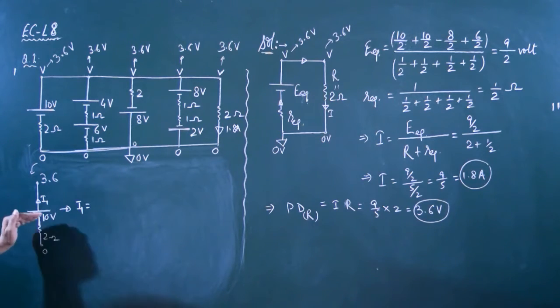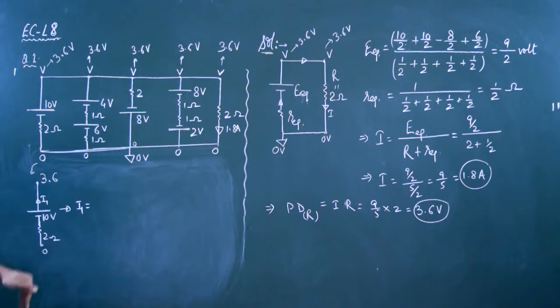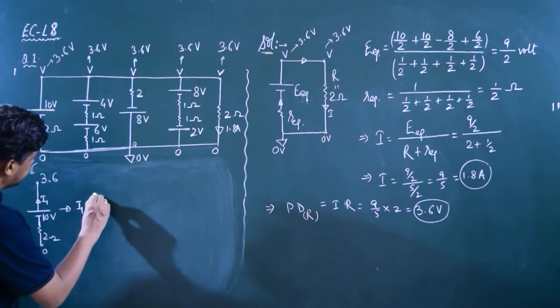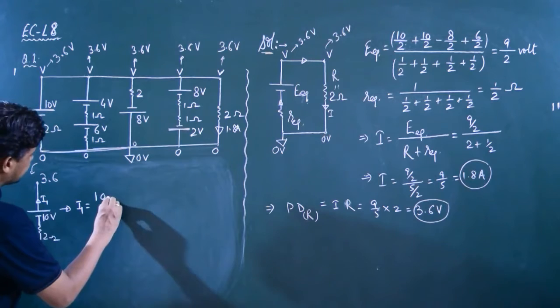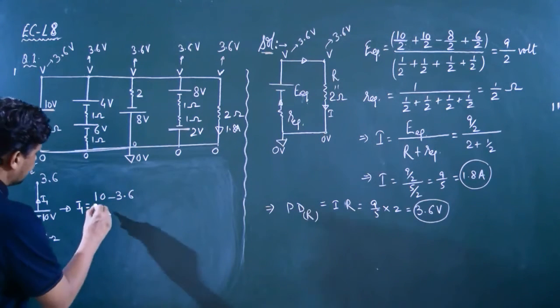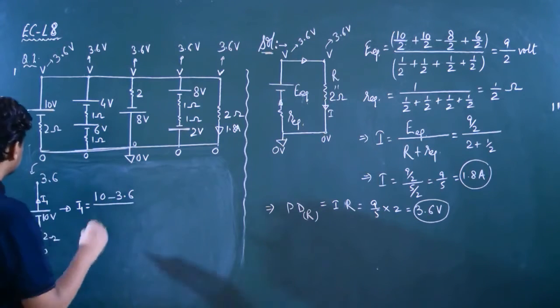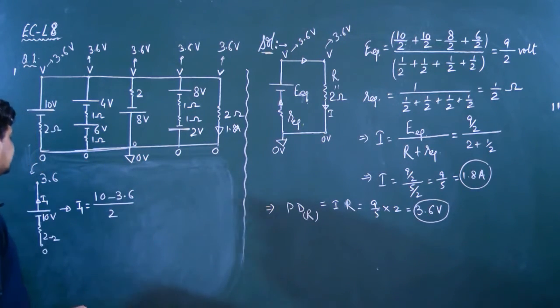But in presence of the 10 volt source, it is throwing current in the upward direction, while the 3.6 volt is throwing current in the downward direction. That's why current here is 10, which has higher value, minus 3.6, divided by the resistance here, which is 2. Discharging process.